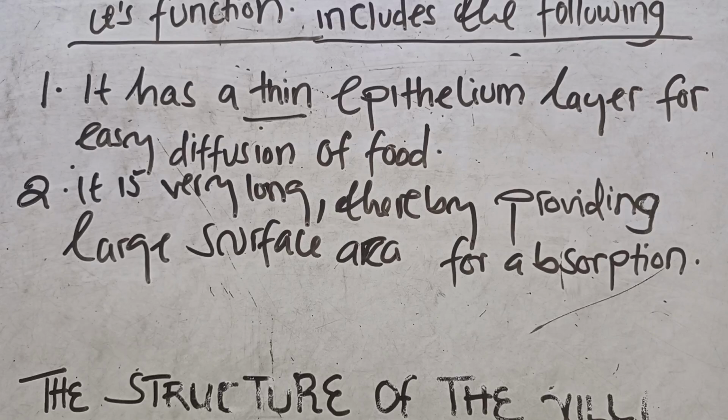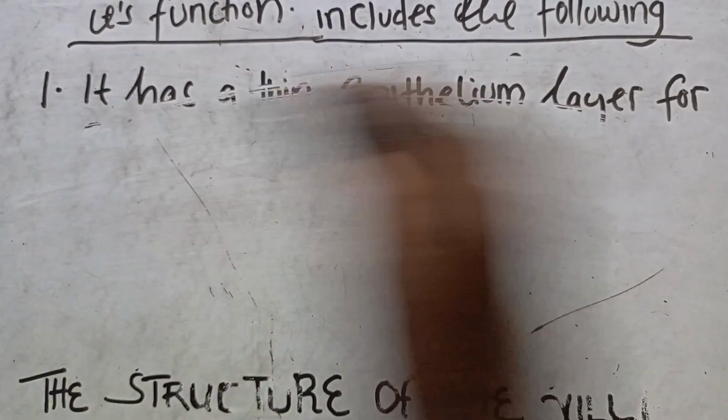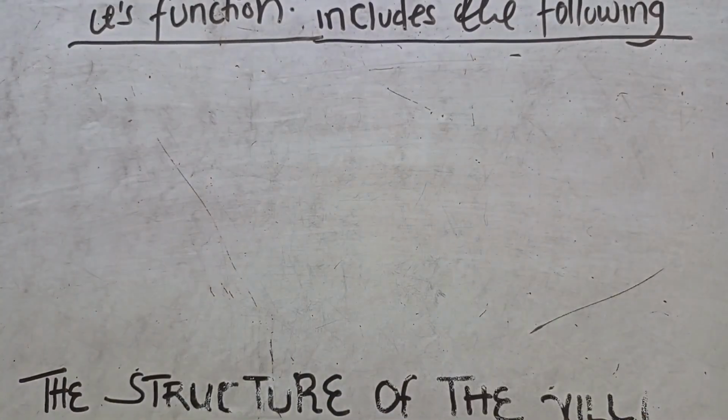So the fact of it being long brings forth the function of absorption, by providing a large surface area. The next point that we are going to draw is point number 3.